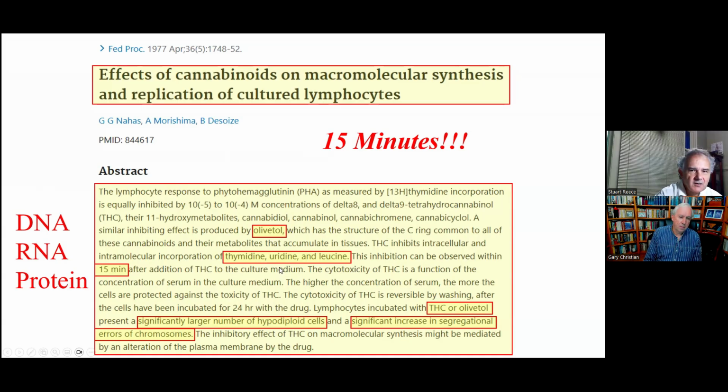And it's not just THC. If you look at this list, it's delta 8, delta 9 THC, 11-hydroxy metabolites, cannabidiol, cannabinol, cannabichromene, cannabicyclol. A similar effect is produced by levonantradol, which has the structure of the C ring common to all these cannabinoids and their metabolites.